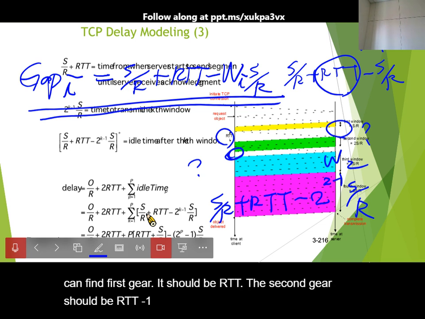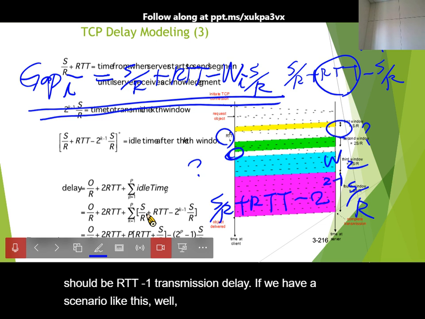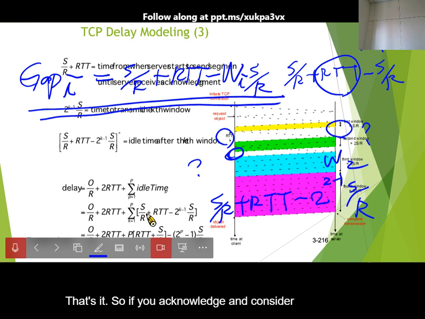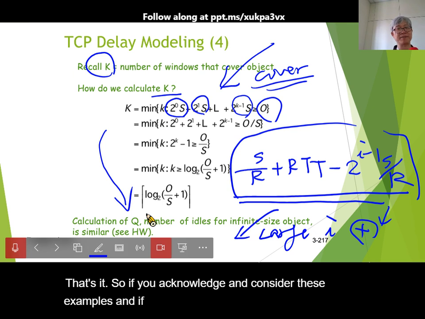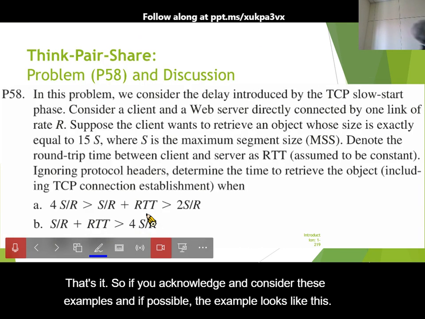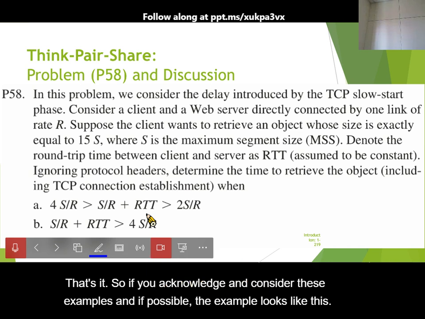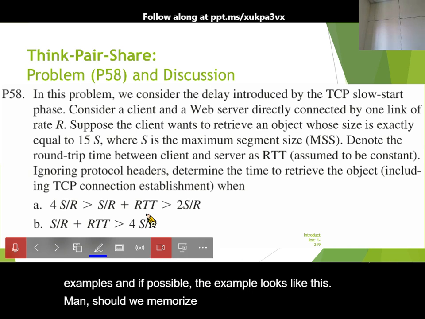If we have a scenario like this, we know the gap. So should we memorize the formula? No. That's it. So if you know this and consider this example, and if possible, the example looks like this. Then, should we memorize the formula? And then we have a hint.